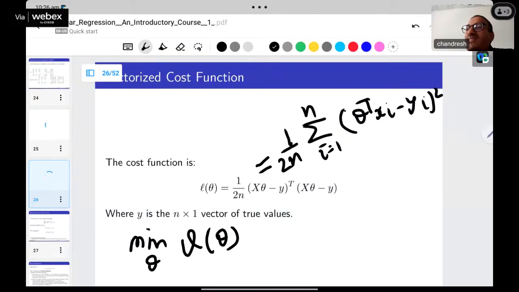When you optimize that, that means finding the unknown parameter theta. So how do you find this unknown parameter theta? By minimizing this function. So how do you minimize this function? Anyone can tell me how you go ahead and minimize this function? Or what will be the minimum? Any ideas?